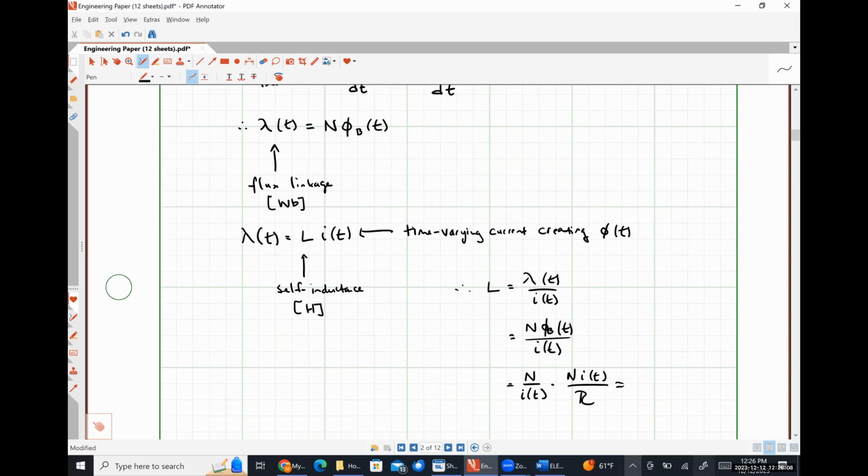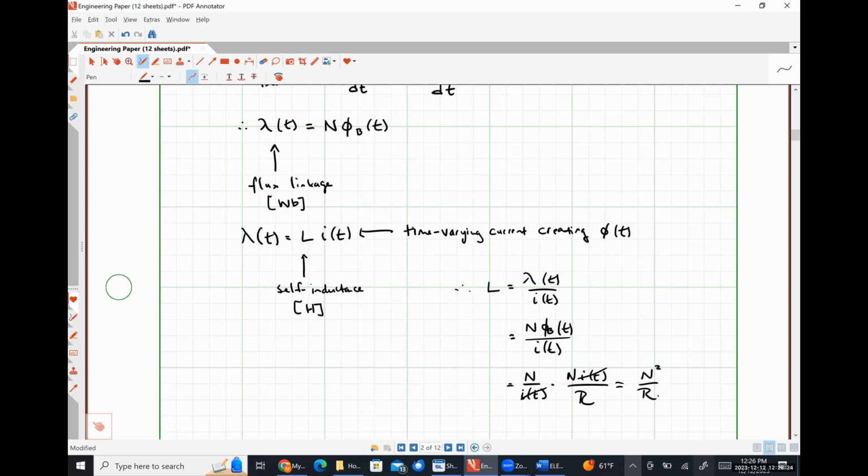And we can see very easily then that our i's cancel each other out, and we're left with N squared over R as our equation for self-inductance in a magnetic circuit, right?